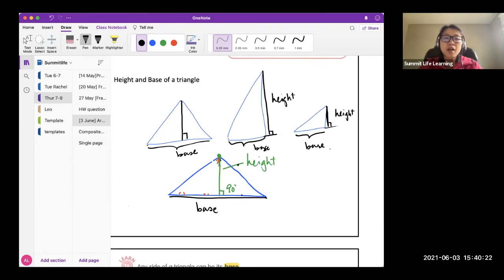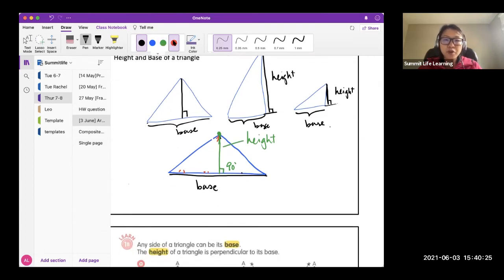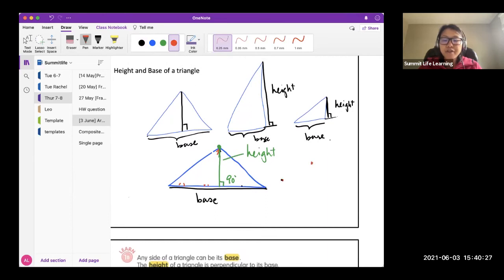However, for a triangle, as I've just mentioned, there are 3 vertices. The height is formed by dropping a perpendicular line from one of the vertices. I can choose this vertex to drop the straight line, so that I will have this to be the base. However, I can also choose this vertex to be the end of the height, and drop another straight line.